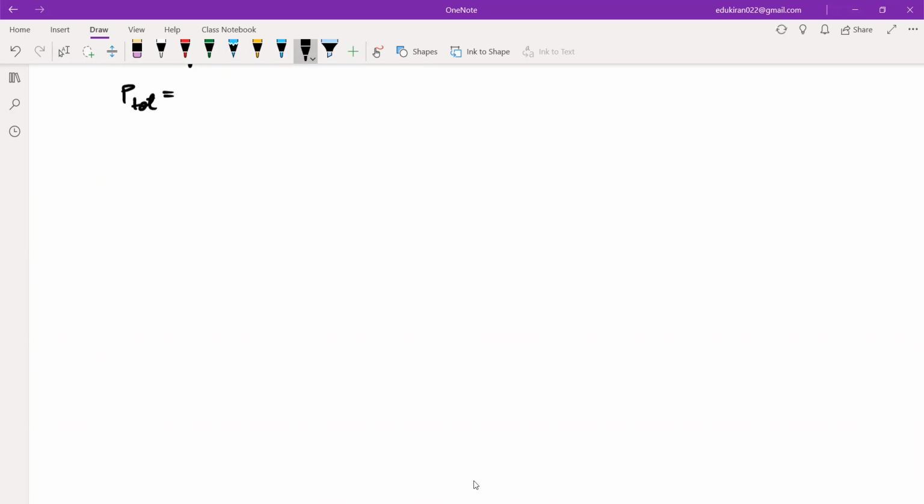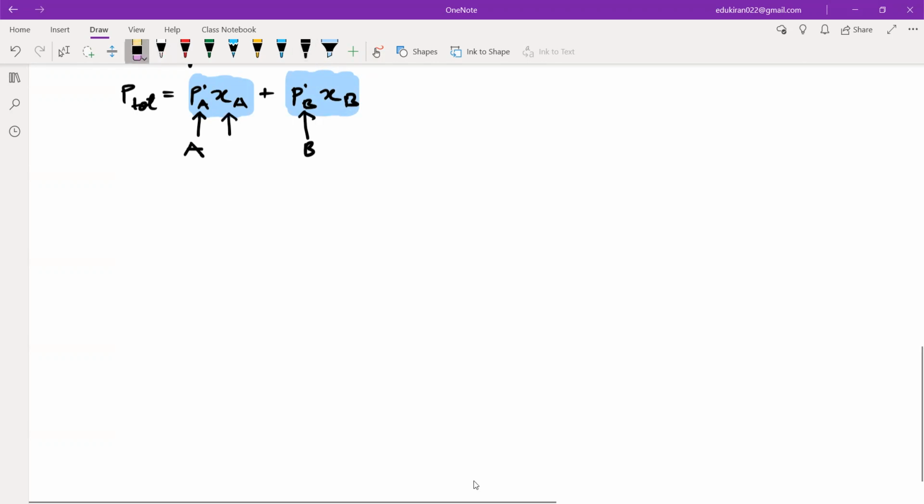P total is equal to P naught A chi A plus P naught B chi B. Now, if I look at this equation only, you can easily see that the calculated part is only interested in two things: what is A and what its vapor pressure will be in pure form, what is the vapor pressure of the pure solvent, and it is also saying what is B and what is its vapor pressure, and then they are both talking about the mole fraction of A and mole fraction of B, right?